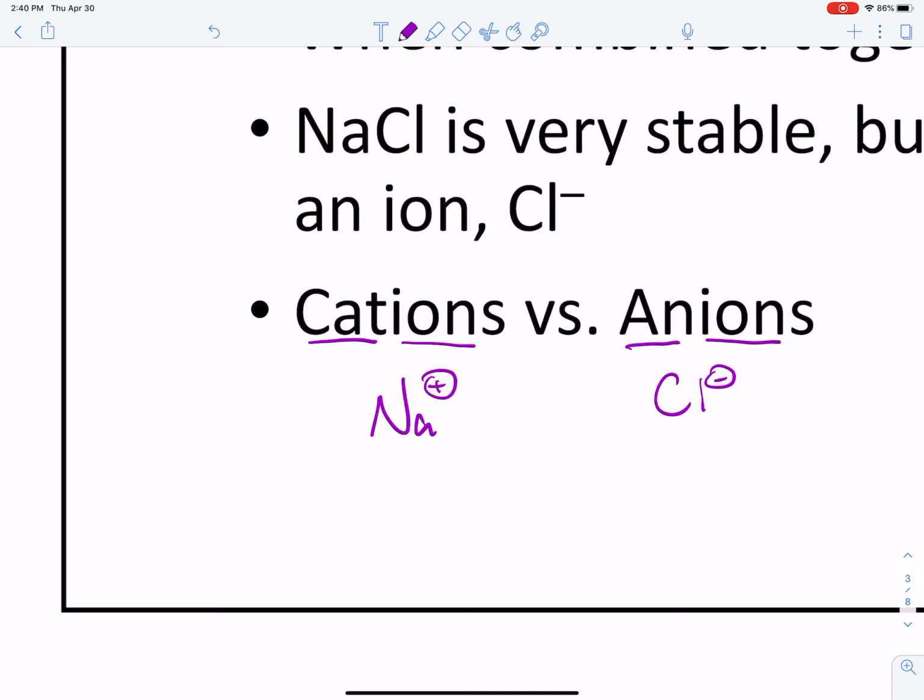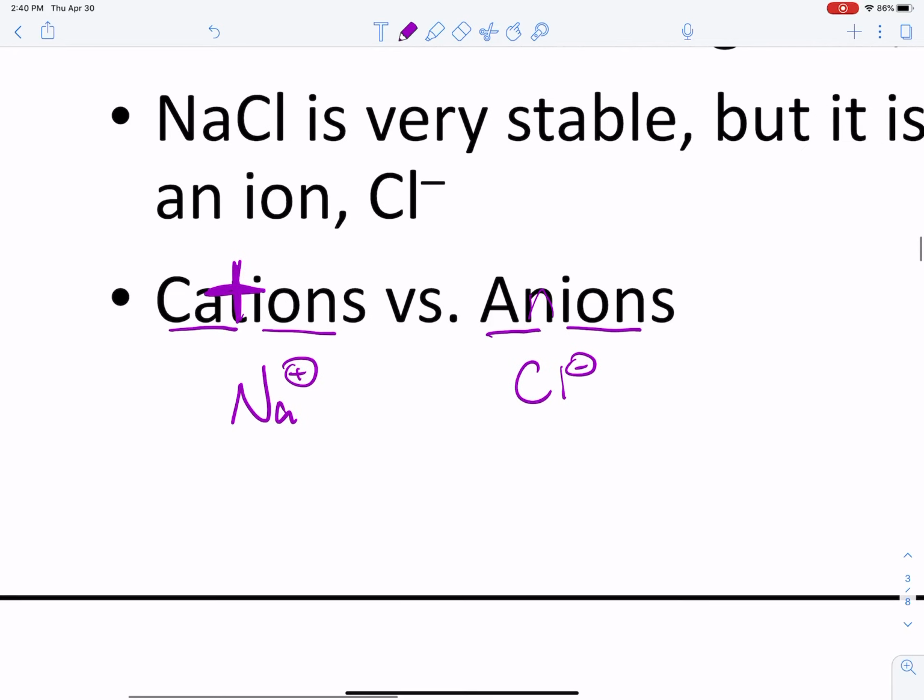I kind of remember these things because this T right here in the middle kind of looks like a big plus, doesn't it? So cations are positively charged, anions are negatively charged, hence the N in the middle maybe. So when one cation grabs one anion, because nature likes to neutralize charge just like a lightning strike, together they are a formula unit.